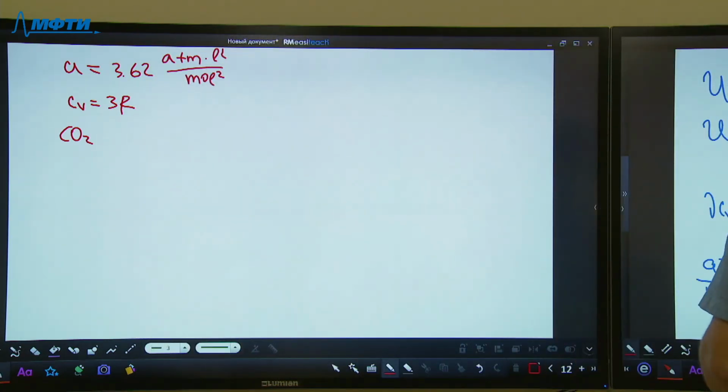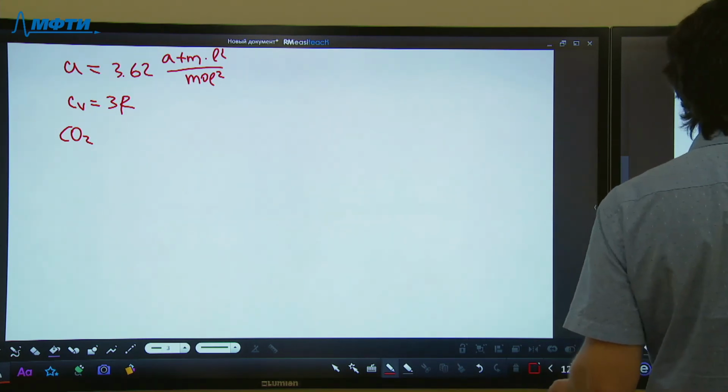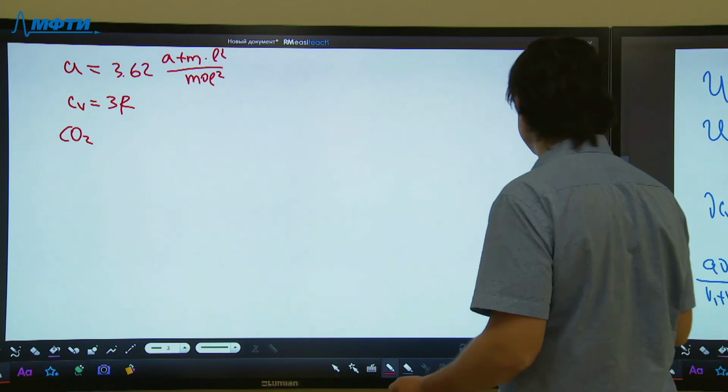Okay, so we have volumes in liters, we have the amount of matter in moles, so everything is ready for calculation.